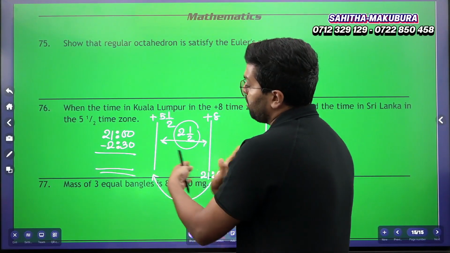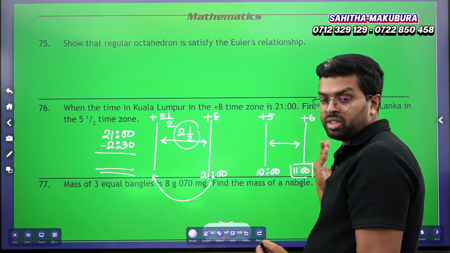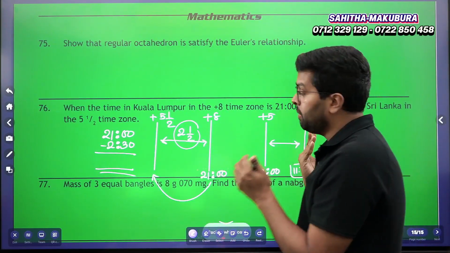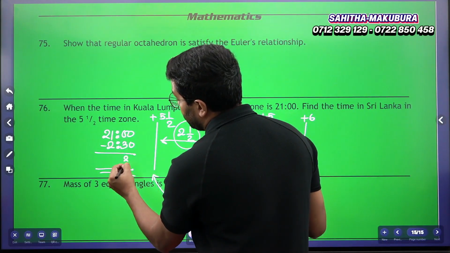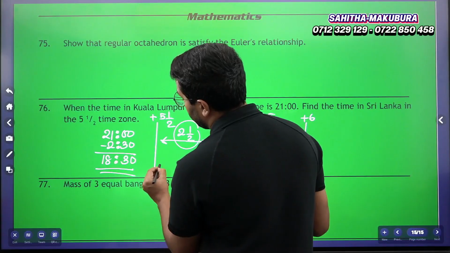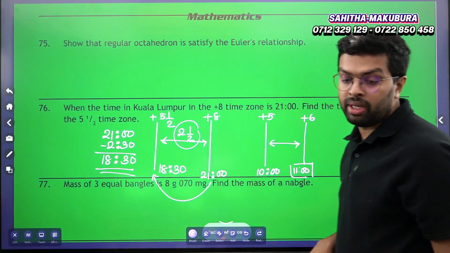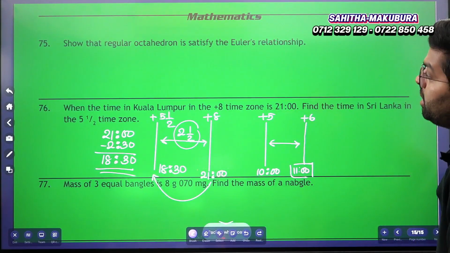Time reduces in this direction and adds in the other direction. So 60 minus 30 is 30, 20 minus 2 is 18. The time in Sri Lanka is 18 hours and 30 minutes.